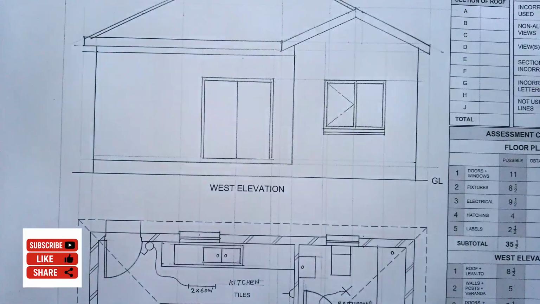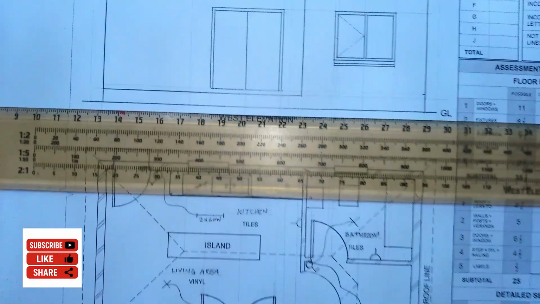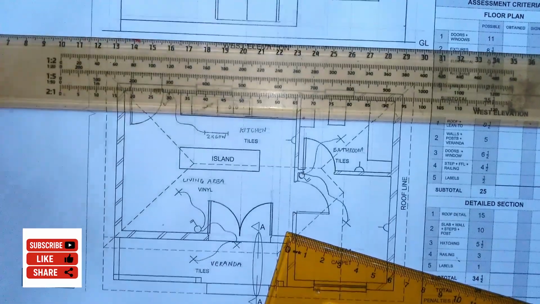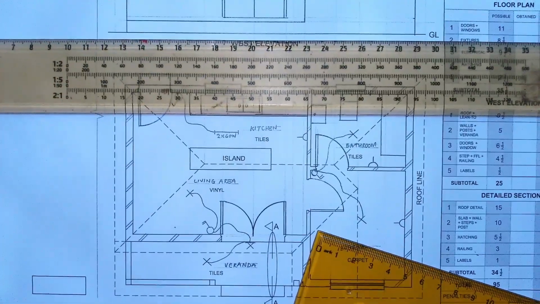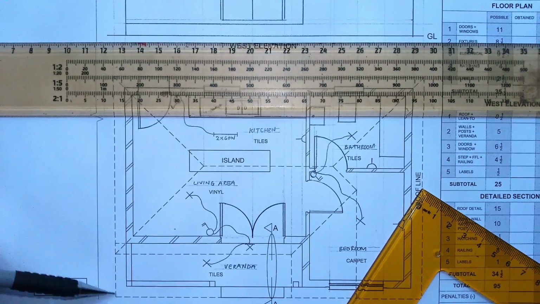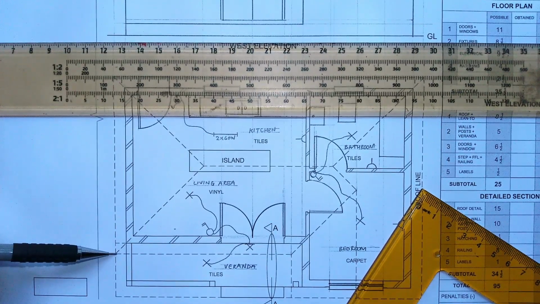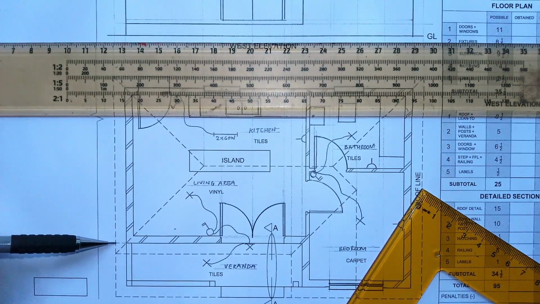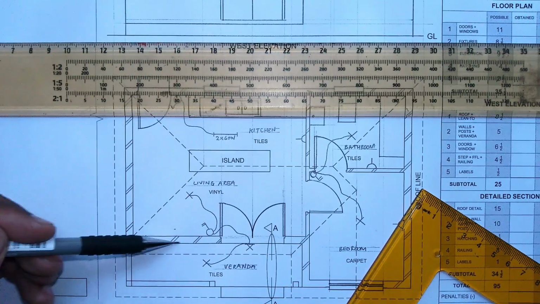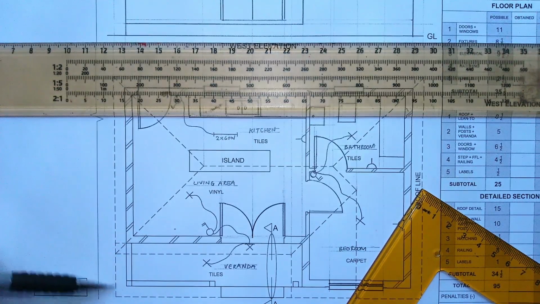Okay, so where is the roof for the veranda from the floor plan? It's right there. All right, it's this section. Actually it starts from here, from the wall. All right, so it's from here to there.